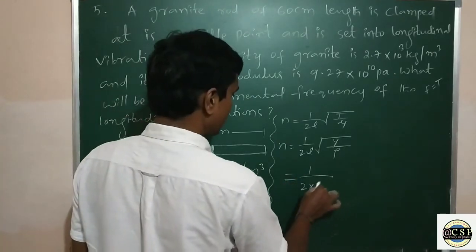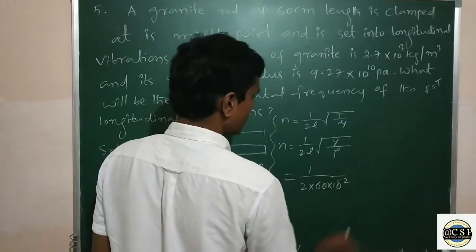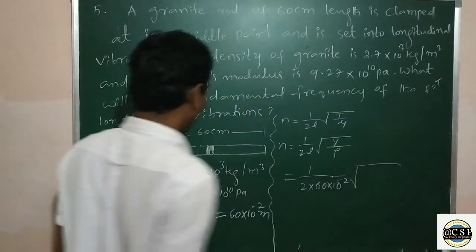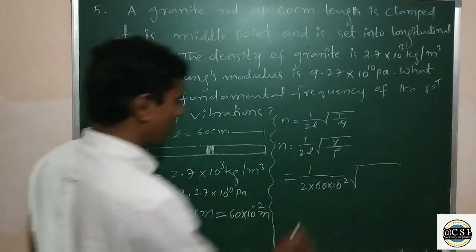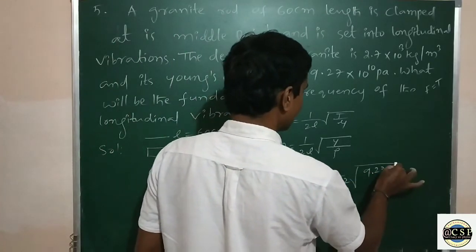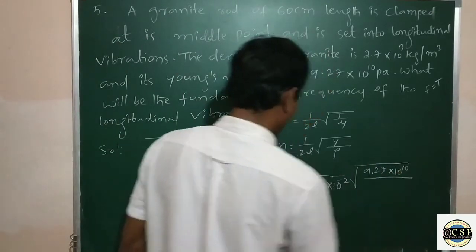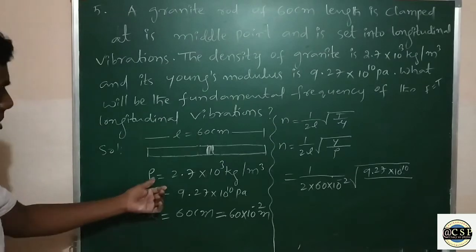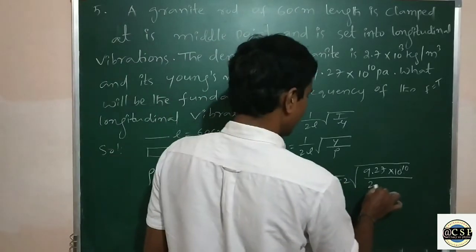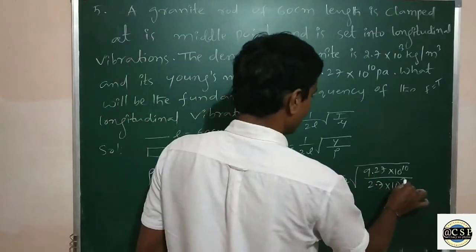Substituting here 2 into 60 into 10 power minus 2, root. What is the Y value? Y value is 9.27 into 10 power 10 divided by, what is the rho value? 2.7 into 10 power 3.